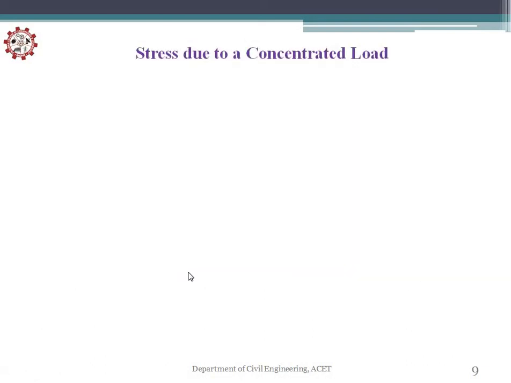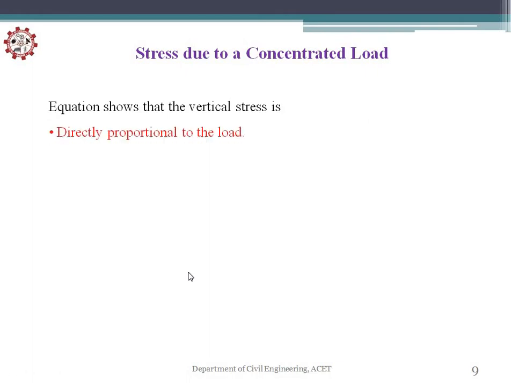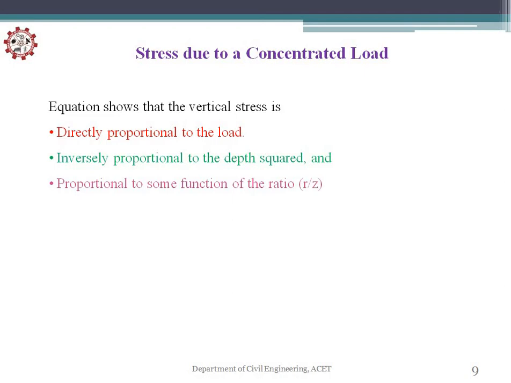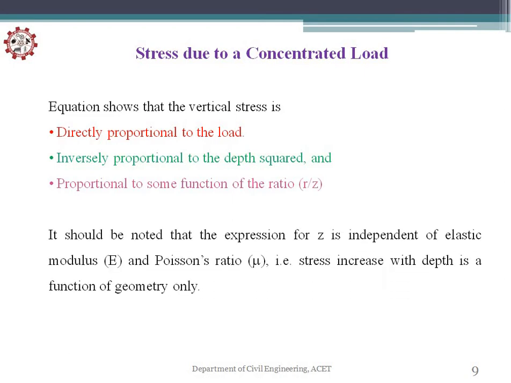So when you are studying the stress, the equation shows the vertical stress is directly proportional to the load, inversely proportional to the depth squared, and proportional to some function of the ratio r by z.